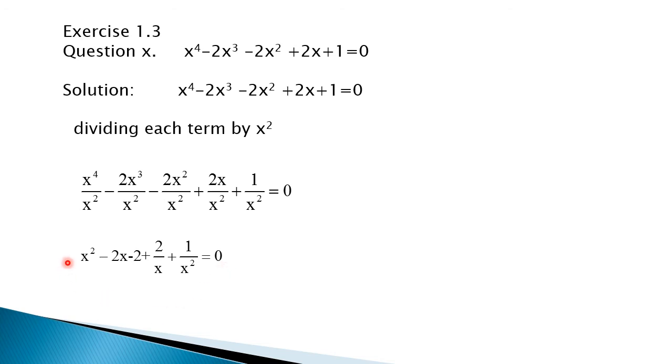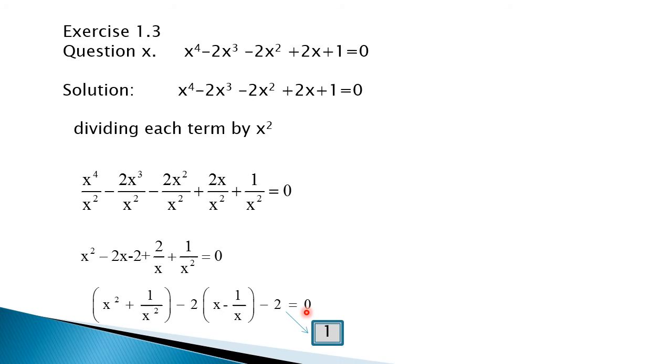Now students, we will make some groups here. We will write x² with +1/x², and we will write -2x with +2/x. So our equation becomes x² + 1/x² - 2(x - 1/x) - 2 = 0. Let's say this is equation number 1.